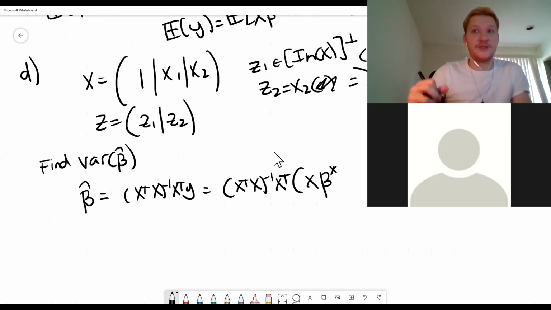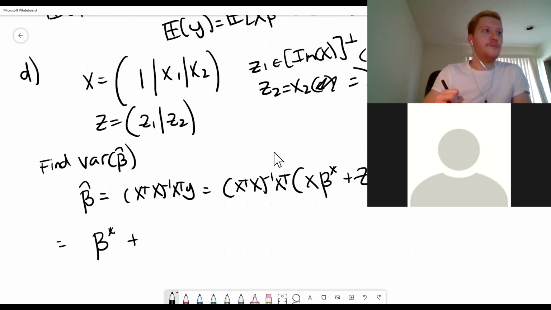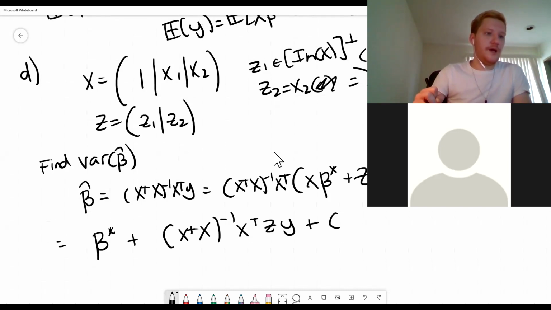So this is not the expectation, this is what it actually is, right? Plus ZU plus epsilon, which is actually going to equal, if I multiply this out, notice how this cancels out again. So this is actually beta star plus (X transpose X) inverse X transpose ZU plus (X transpose X) inverse X transpose epsilon.